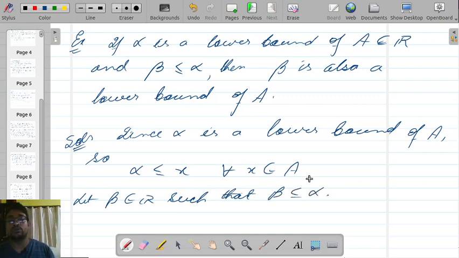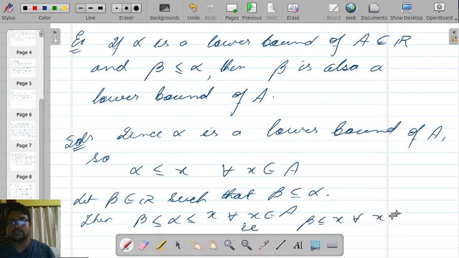Then we see that beta is less than or equal to alpha, which is less than or equal to x for all x inside A. That is, beta is less than or equal to x for all x inside capital A. Therefore beta is a lower bound. So any number less than or equal to alpha is a lower bound of this set.